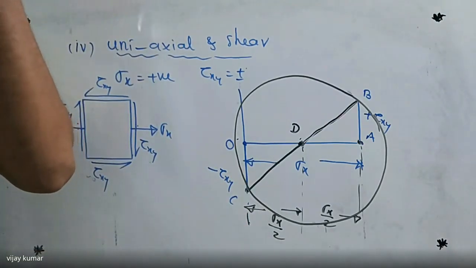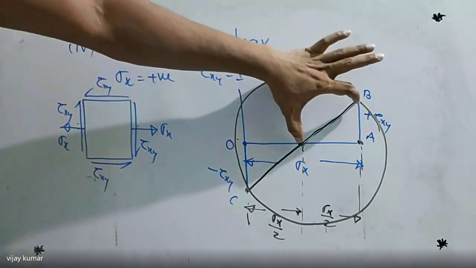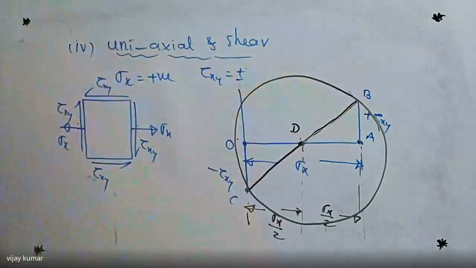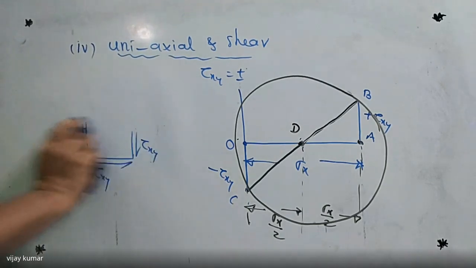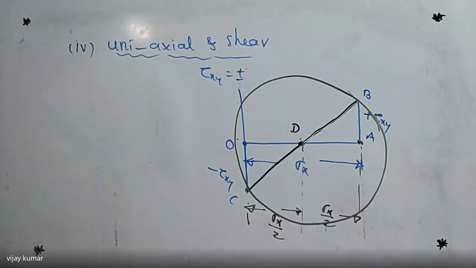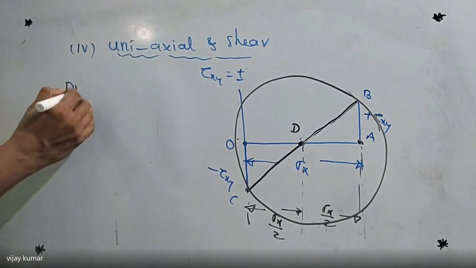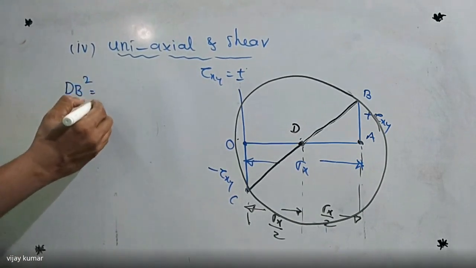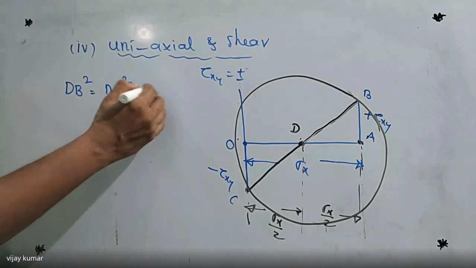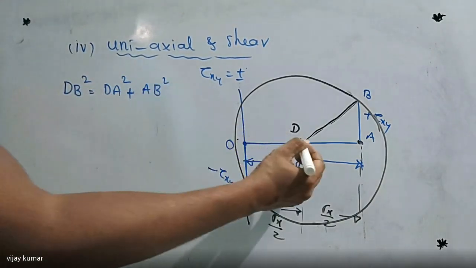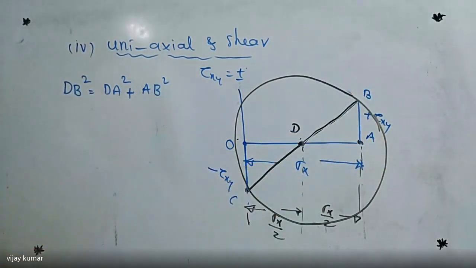Now find what the value of this radius DB is. We can find DB very easily. DB square is equal to DA square plus AB square, by using the right angle triangle property.